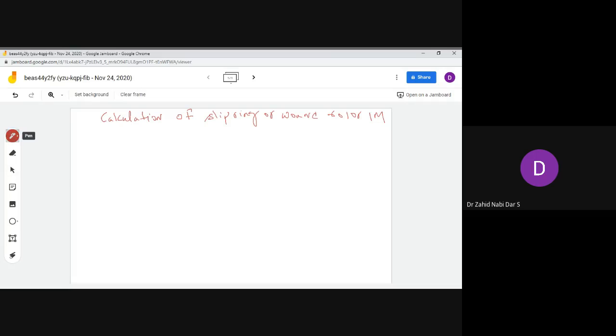These are the things which we have already studied previously. If you have to draw an equivalent circuit of an induction motor, here you will have a resistance, here we have reactance, and this is the shunt magnetizing branch.